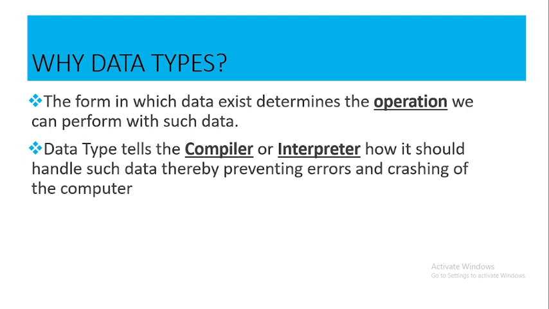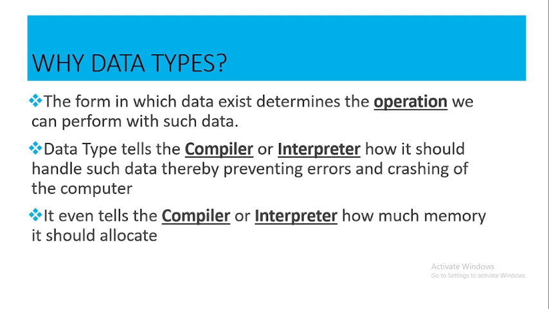So if you don't know what a compiler is, if you don't know what an interpreter is, you have to watch lesson 2 part 2 in order to know about compiler or interpreter and what they actually do.